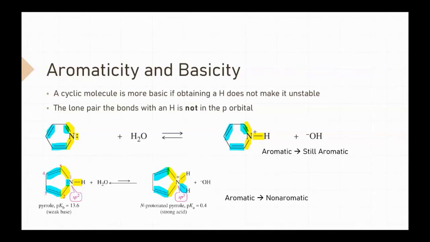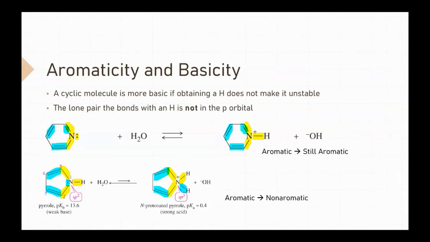Okay. We have to make sure the lone pair is not in the p orbital. So here, this nitrogen has lone pairs. When we add the H, it goes from aromatic to still aromatic. So these lone pairs are basic. Now for this one, we have lone pairs here, but right now it's 2, 4, 6, it is aromatic.